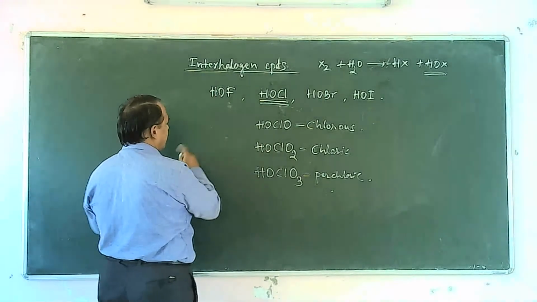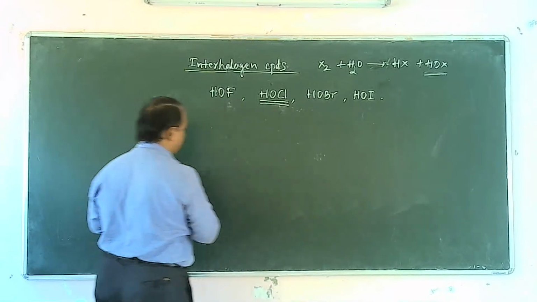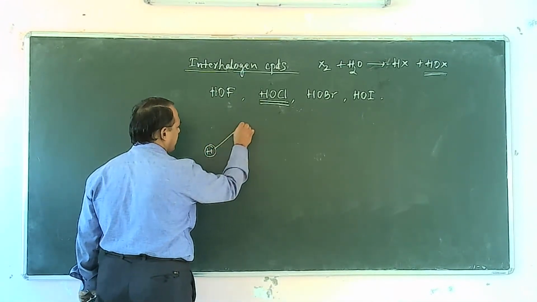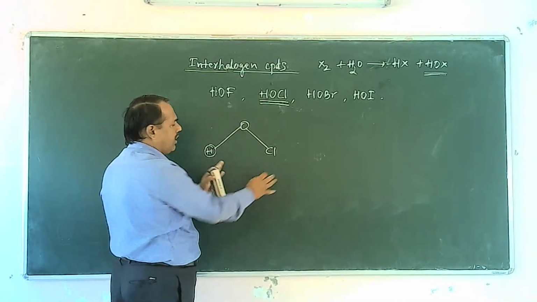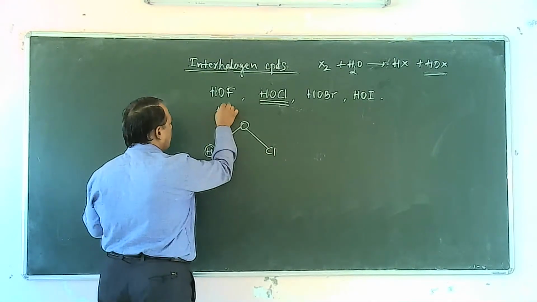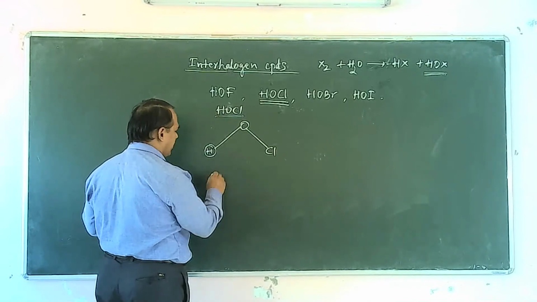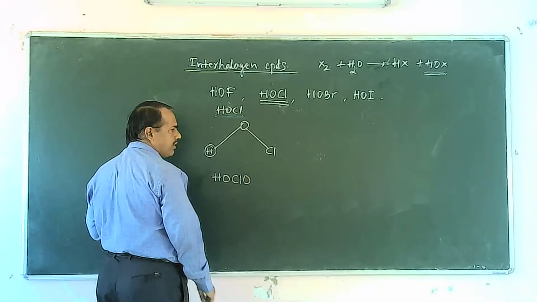So what is the structure for HOCl, hypochlorous acid? This is nothing but H, and this is nothing but O, and this is nothing but Cl, which is an angular structure we get. So this is the structure of HOCl. Again, we can study the structure of HOClO.